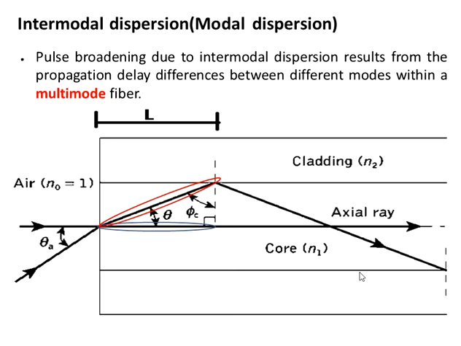Both rays will travel at the same speed. So because of the difference in the distance, they will reach the end at different times. So the difference between these two times will give the width of the dispersed pulse. So let us derive the equation.